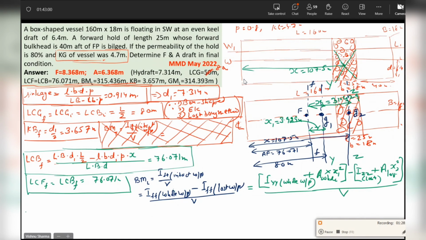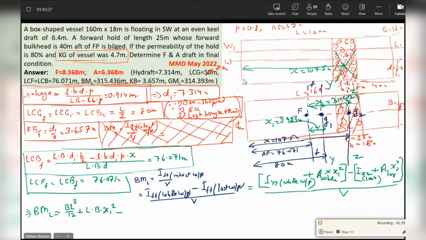Next, I write in the notational form. IYY of the whole water plane will be BL cube by 12 plus area of the whole water plane, which is L into B, into x1 square. I open the box bracket, so it becomes minus IZZ of the lost water plane.